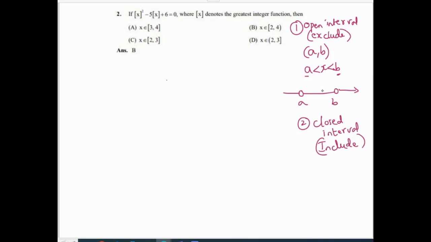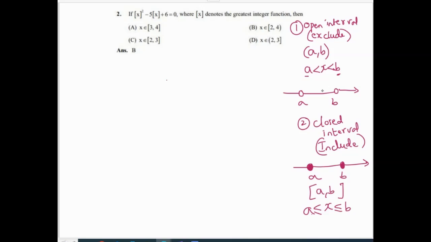Here, including means we will be considering the values of a and b. The graph will include a and b. It is represented with square brackets and written as x greater than or equal to a and less than or equal to b, which means a and b are included in the closed interval.